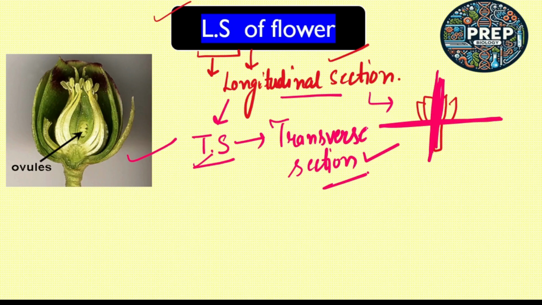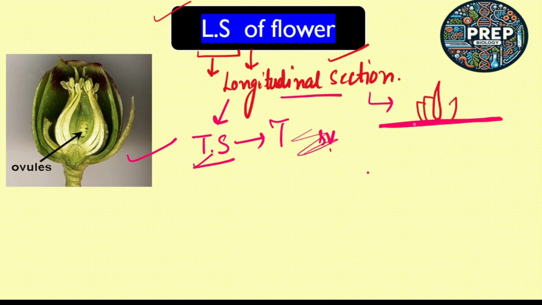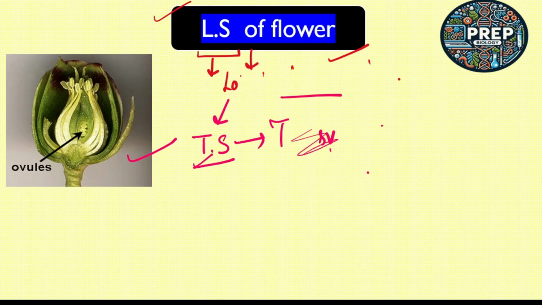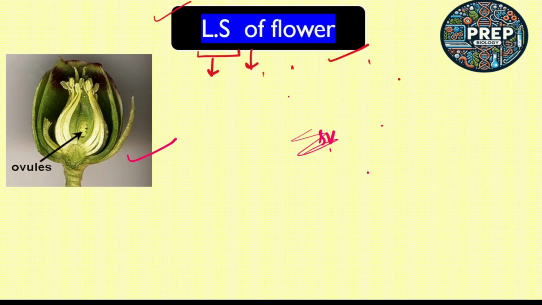But in your syllabus, you have the longitudinal section. Okay, let's talk about the longitudinal section of a flower. Now see the structure, that is the LS of flower.